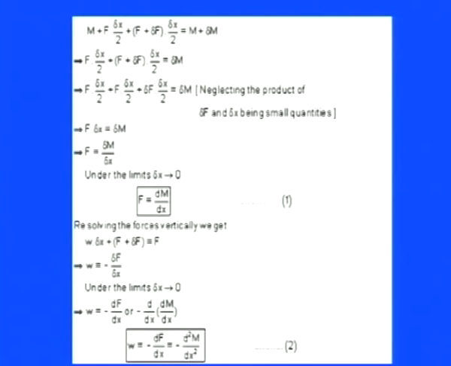Wherever the bending moment changes with respect to the domain x, the shearing force appears in that part, and we can calculate the shear force simply by taking dM by dx.